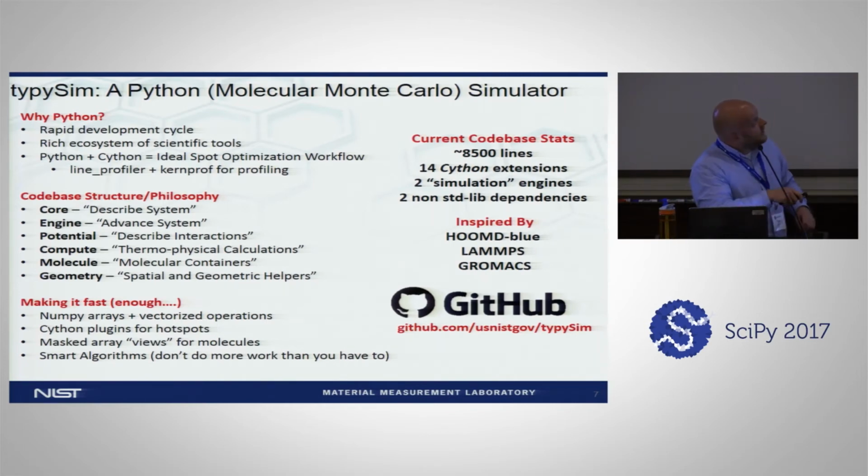And so to give it away ahead of time, what we did to make the simulation fast enough, and I say fast enough because I don't claim this to be the fastest MC code that's out there, but I claim we were able to make it work for the system sizes that we needed. We use NumPy arrays and vectorized operations wherever possible. As I said before, we write Cython plugins for the slow spots.